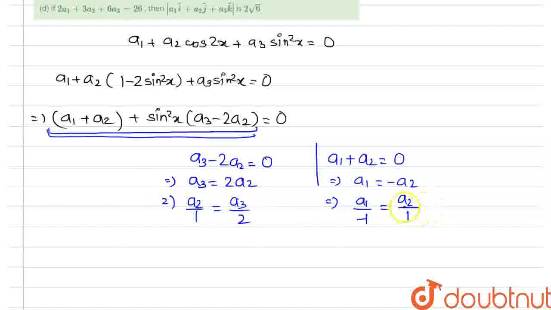Now let us take this value as equal to lambda, where lambda is non-zero. So we will have a1 equals minus lambda, a2 equals lambda, and a3 equals 2 lambda.